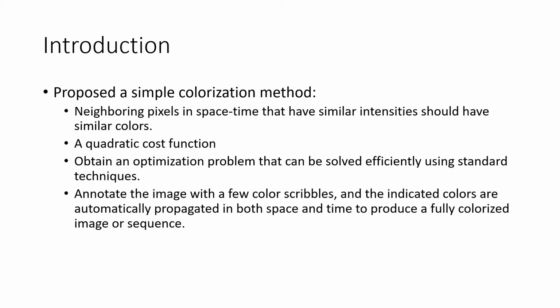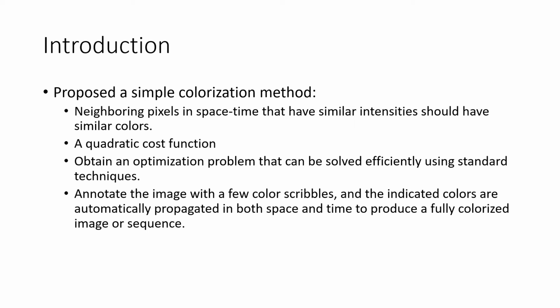Using the constraint that neighboring pixels with similar intensities should have similar colors, we have this optimization problem, which is to minimize this cost function. I will go to the cost function in the next slide.